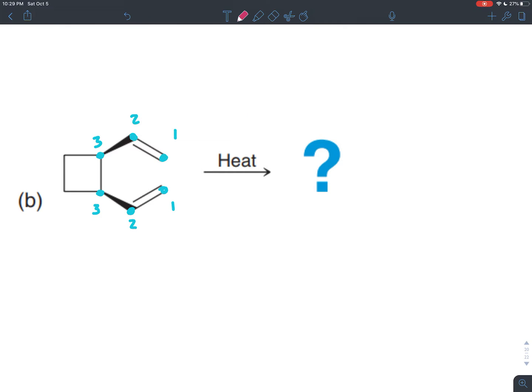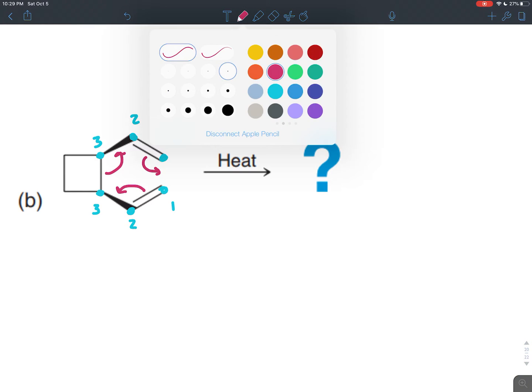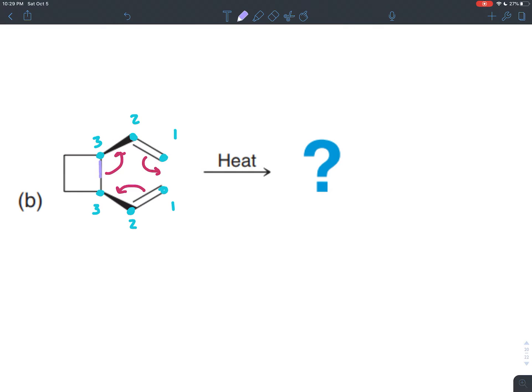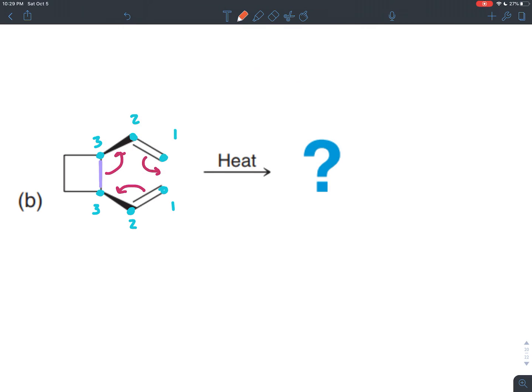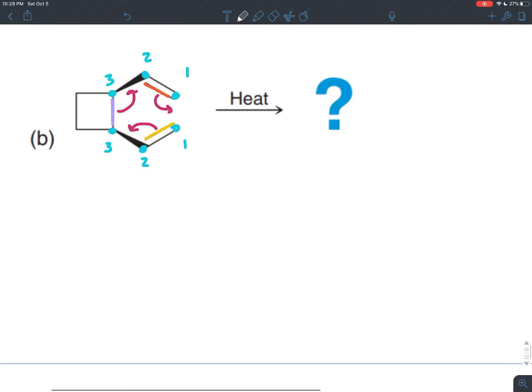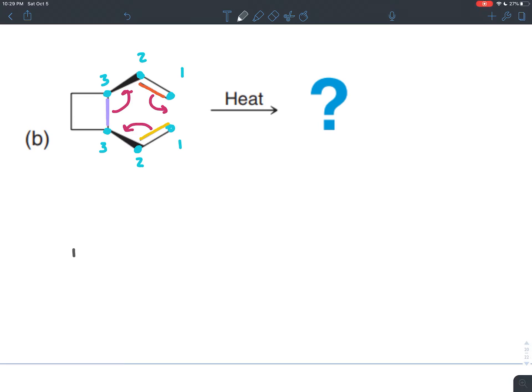So to do that, we will move all of these pi bonds in a ring. I'm going to go clockwise. And let me color these so it's easier for us to follow. So first we'll just copy the geometry. We'll see how things turn out.